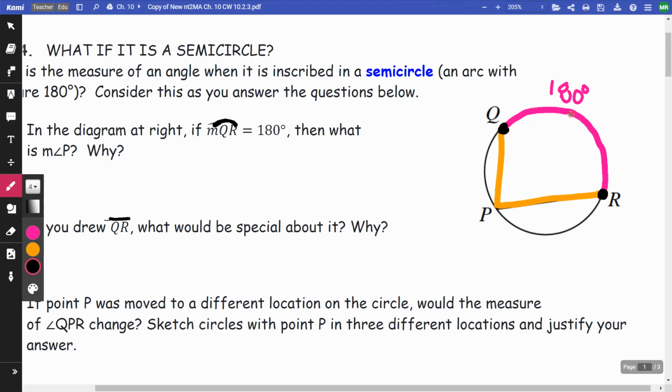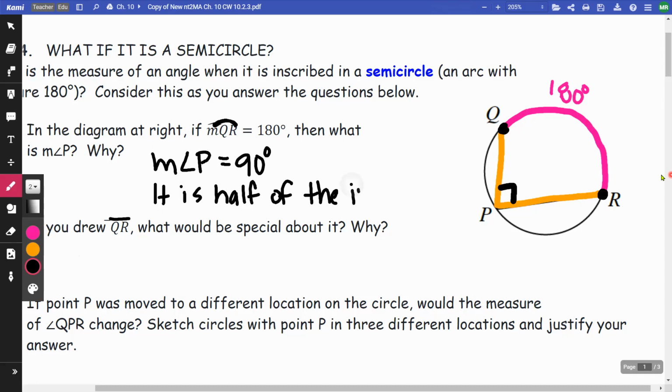So that means that this is going to be 90 degrees. So the measure of angle P is 90 degrees. And again, the reasoning behind that is because it is half of the intercepted arc that it forms.